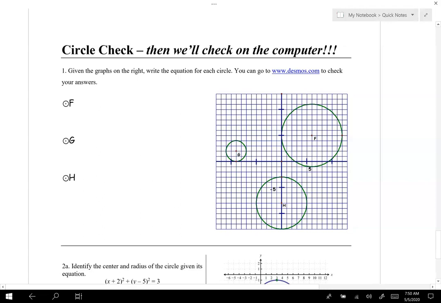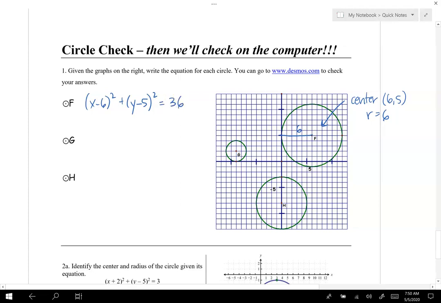Okay, circle F. Again, I'm just going to check for the center and radius. So the center is at (6, 5). The radius is 6. So I'm going to write (x − 6)² + (y − 5)², because we're doing opposite values for the coordinates of the center, equals the radius squared, 36.